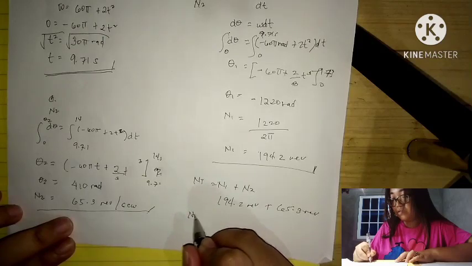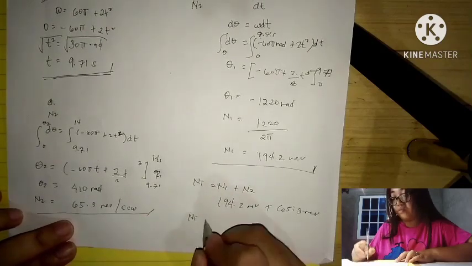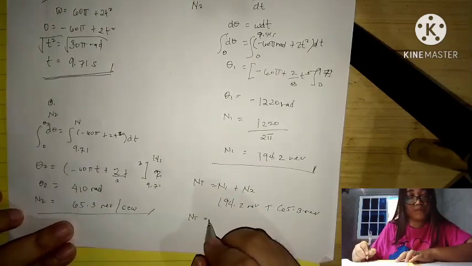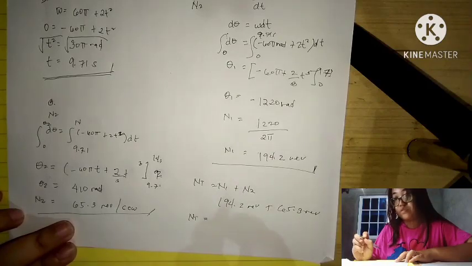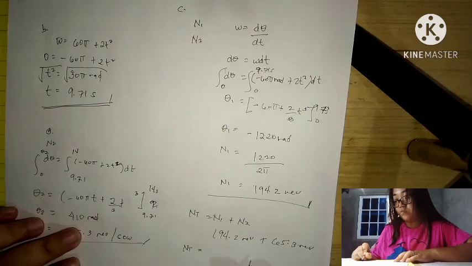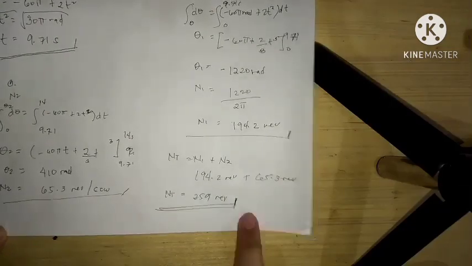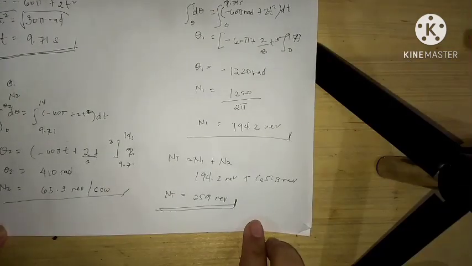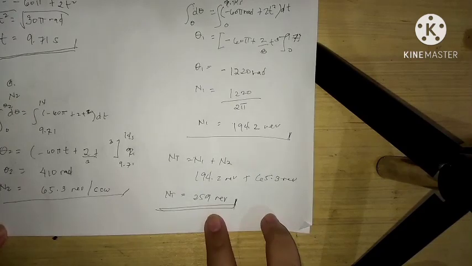So, total number of revolutions is 259 revolutions. Ito na nga po yung naging sagot sa total number of revolutions.